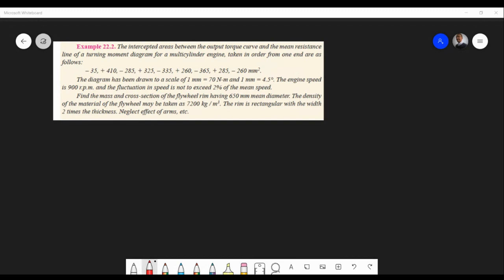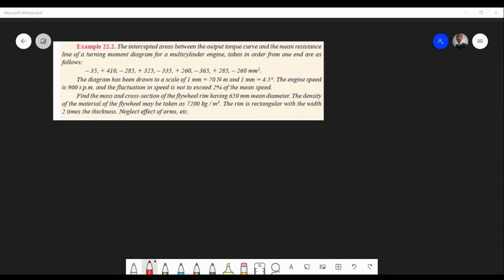All right, I'm back. Mr. Manus got the answer. Let me see if that's correct. I didn't solve this one. Example 22.2. Did you give us the mass? The mass is correct. And obviously, you still have to find the area.